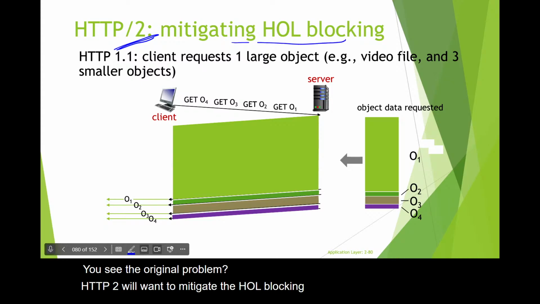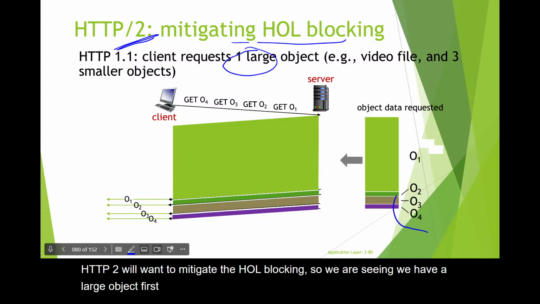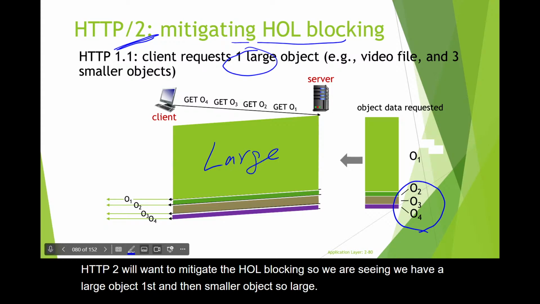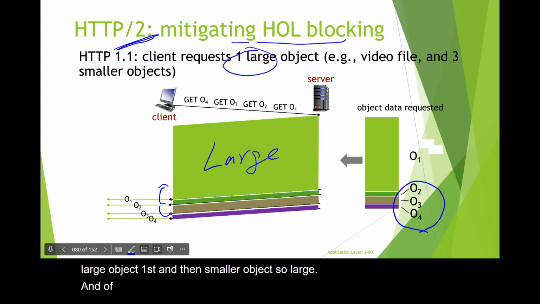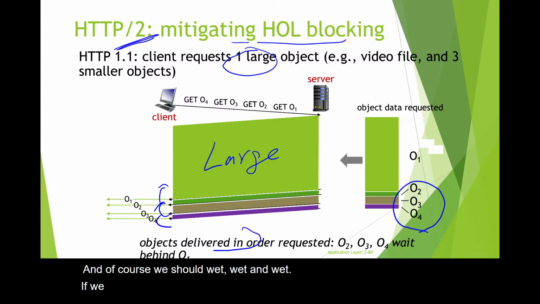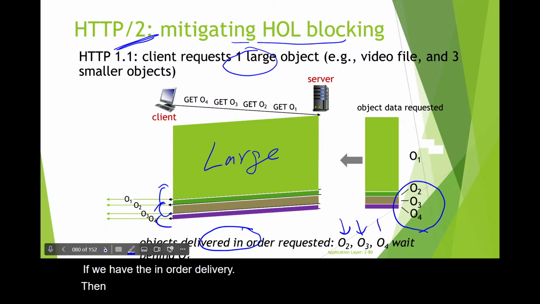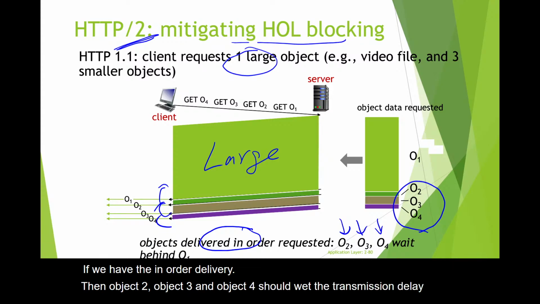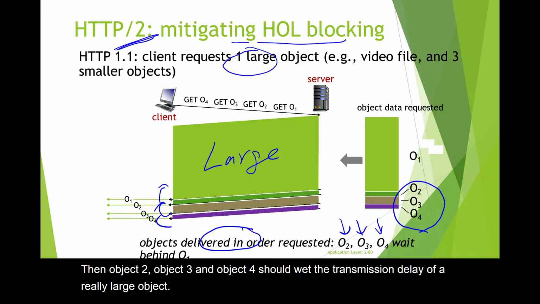So we assume we have a large object first, and then smaller objects. Of course, we should wait, and wait. If we have in-order delivery, then object 2, object 3, and object 4 should wait for the transmission delay of a really large object. So this is a problem.